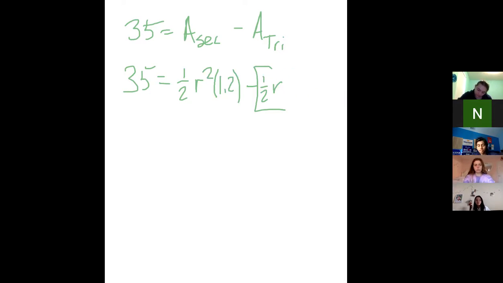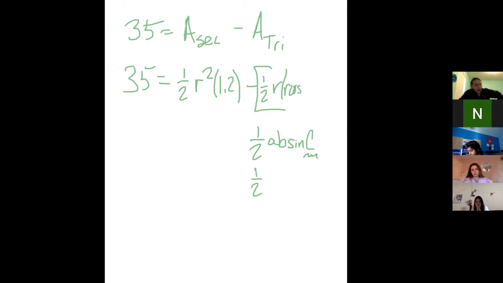Wait, so why would you have to multiply 1/2 r? Okay, so the formula that we have is 1/2 AB sine C, right? Oh, okay. So if I'm using this angle, then it's the angle that's between the two sides.